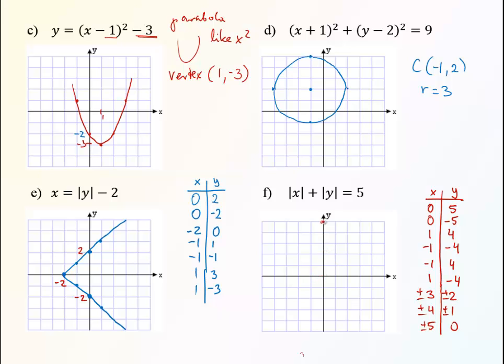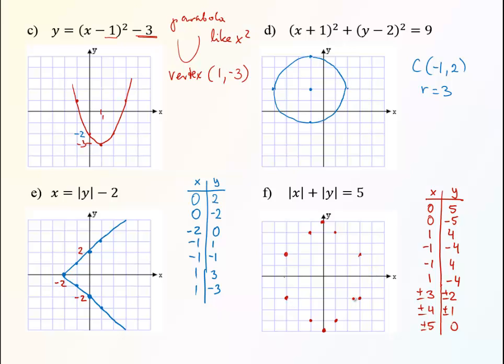0, 5 and 0, negative 5 are those extreme points. Then 1, 4, 1, negative 4, negative 1, 4, and negative 1, negative 4. Similarly with 3 and 2, at negative 3 and 2, this one and that one.